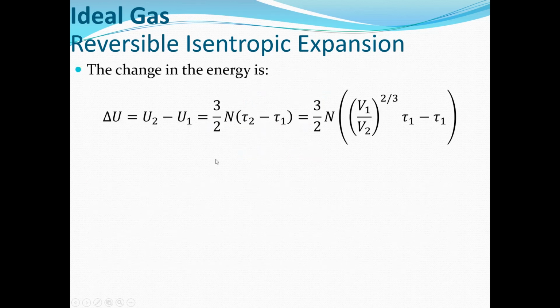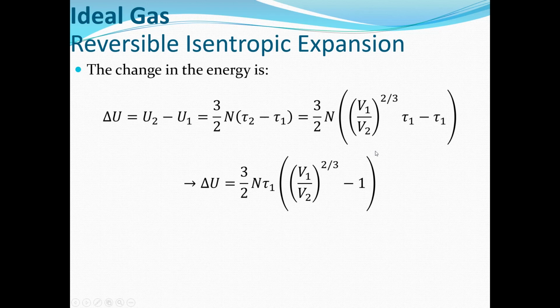All right, so we can come up with some other equations, so we can use that first law of thermodynamics again. So the change in internal energy is going to be 3 halves and change in temperature. Since we have the relationship between the temperatures based off of their volumes, we can actually replace temperature 2 with that relationship, and it'll look something like this.